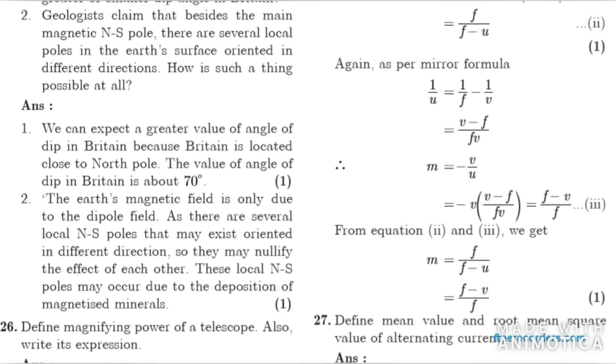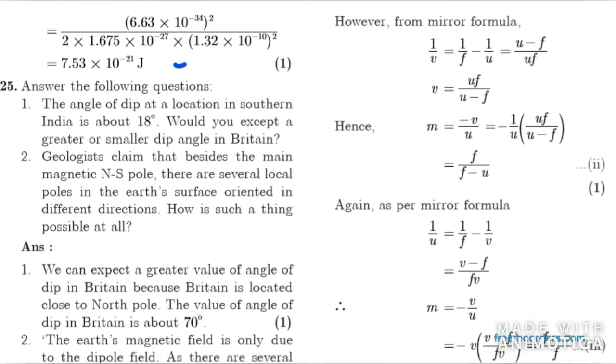Now comparing this with the mirror formula, we have 1 over v equals 1 over f minus 1 over u. Now using LCM, we get the value for v. Now putting the value of v in the magnification formula, you get f over f minus u.